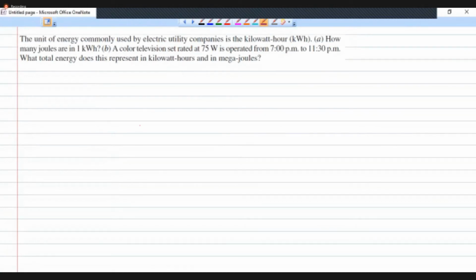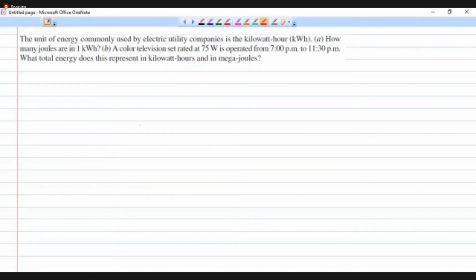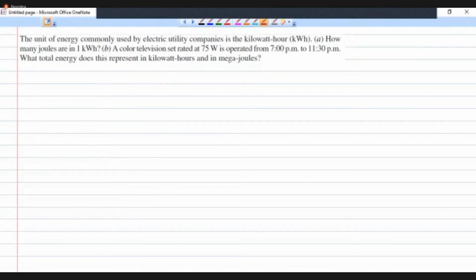Another exercise. A unit of energy commonly used by electric utility companies is the kilowatt hour. Electric utility means like in our energy meter, we say how many units of electricity are consumed per month. So 1 unit is equal to 1 kilowatt hour.